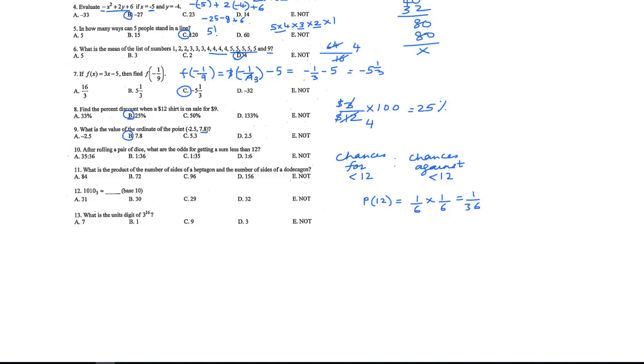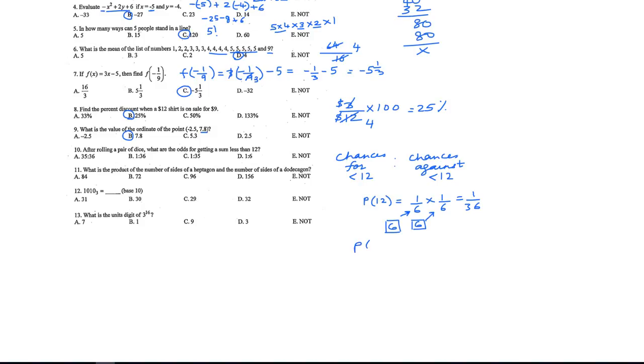And the reason for this is we can only get 12 when we have 6 on the first dice and 6 on the other dice. And the likelihood of getting 6 on the first dice is 1 by 6. And the likelihood of getting 6 on the other dice is also 1 by 6. So the product is 1 over 36. So all other combinations are going to give us a number which is less than 12.